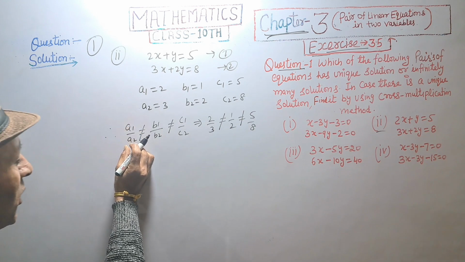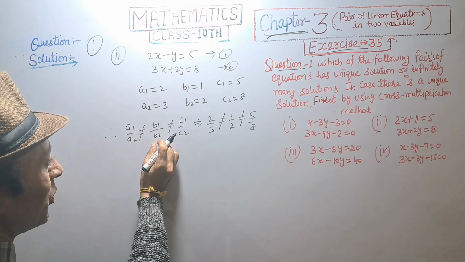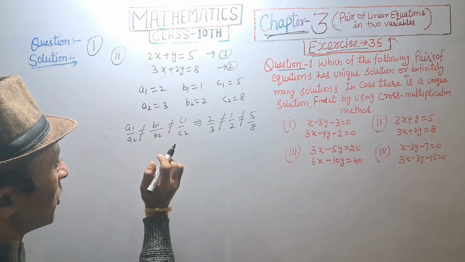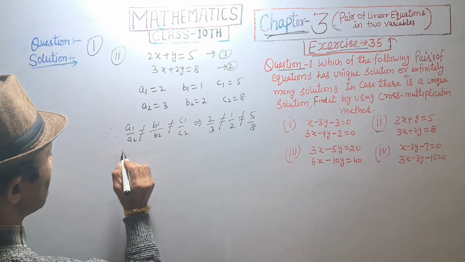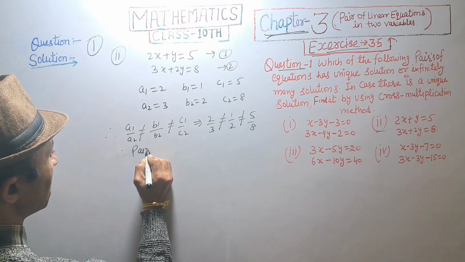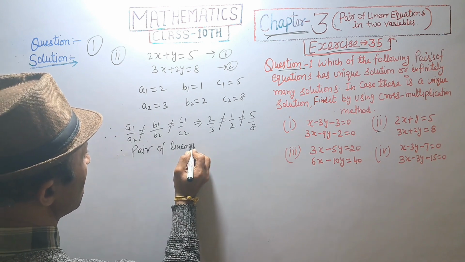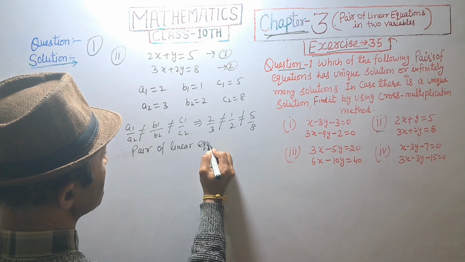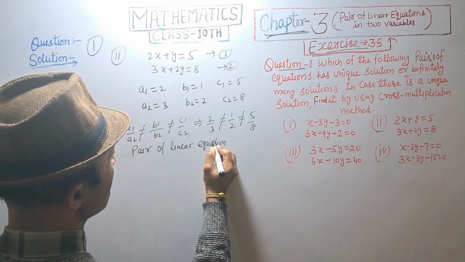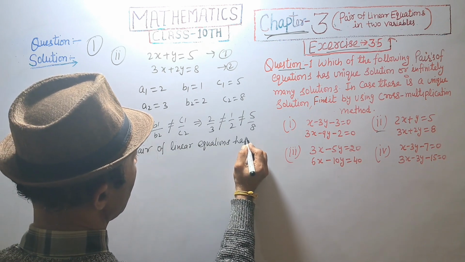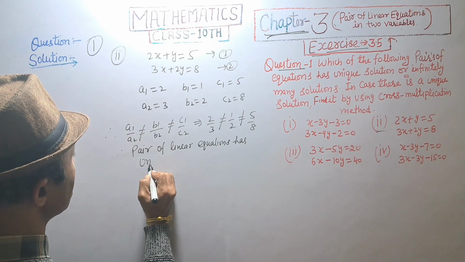If A1 upon A2 is not equal to B1 upon B2, then pair of linear equations has unique solution.